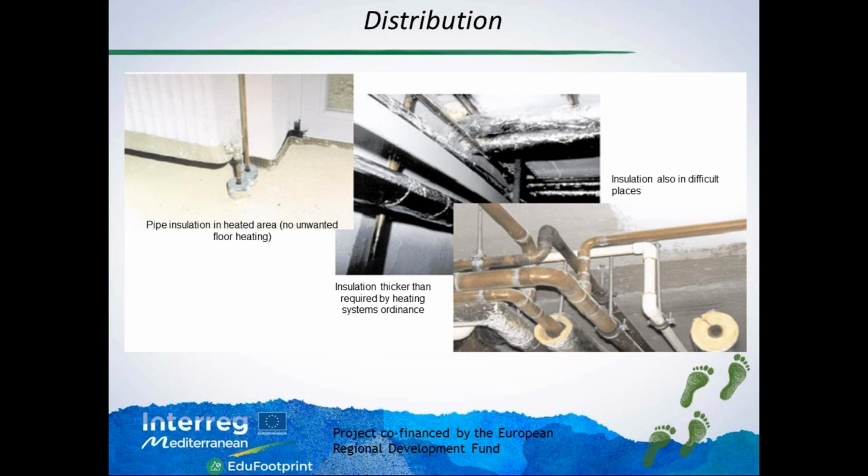If the pipes are running inside the building, there is not a big problem. It's just as if we have one more emitter, even if we do not insulate the pipes. But if the pipes are running into the cellar, perhaps, or into the roof, which are spaces not usually used, we are having big distribution losses that we have to avoid.